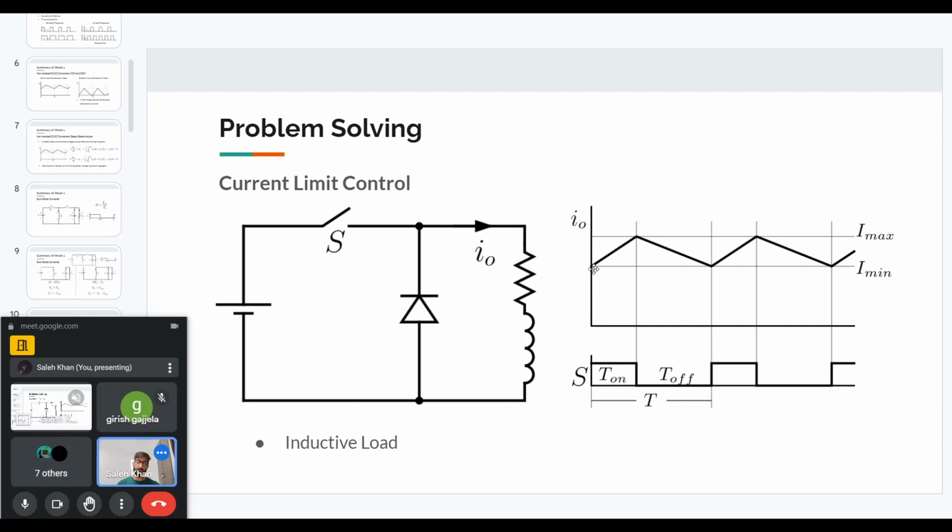Because if it rises in a sudden manner, then we will not have any on time. If the output current rises suddenly and reaches Imax, we will have to turn the switch off, and it will again fall down to Imin.